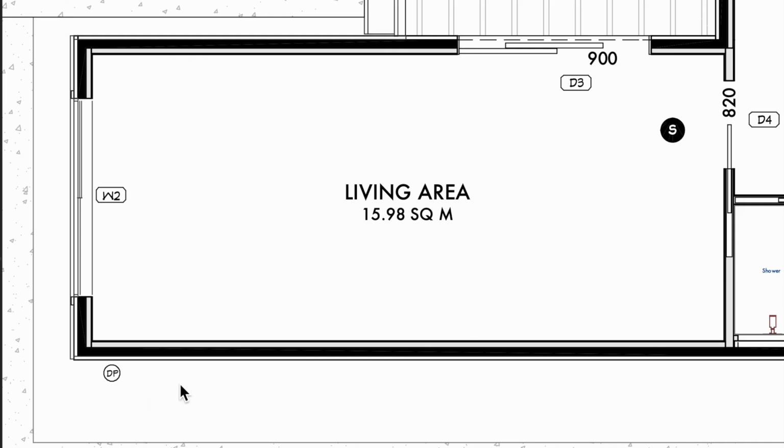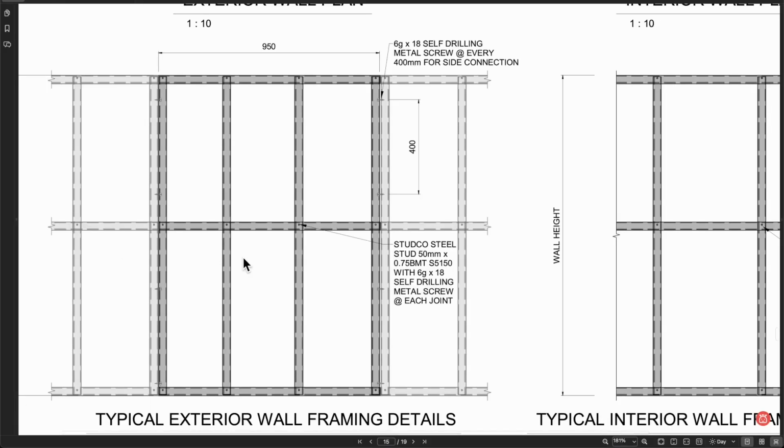Alright, and the spacing, as I said before, if you're talking about noggings, is going to be your off-centre measurements. Mine here is 300, over here we're 450. So I've got different walls with different spacing.